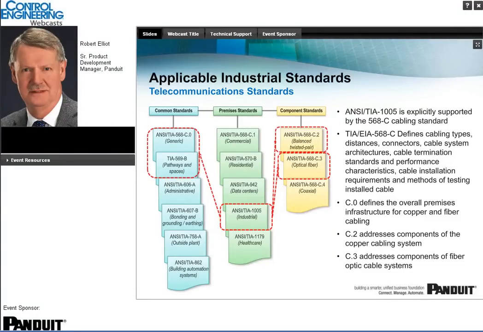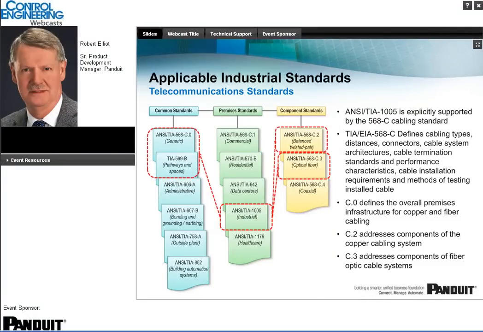If you have a horizontal cable 90 meters long, how do you know at one end of that cable that when you get to the other one, it's the same cable that you wanted it to be? You do that by suitable identification and labeling. Then there are grounding and bonding standards, outside plant, which is associated with cabling outside of the premise, and finally, building automation standards.